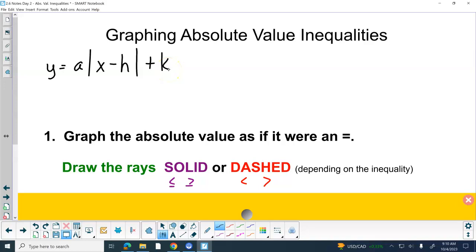Now, what can you tell me about the absolute value graph based off of its general equation? There's a couple of things that you can tell me. What part is going to tell me which way to open? The A. So if A is positive, it's going to open up. If A is negative, it's going to open down.